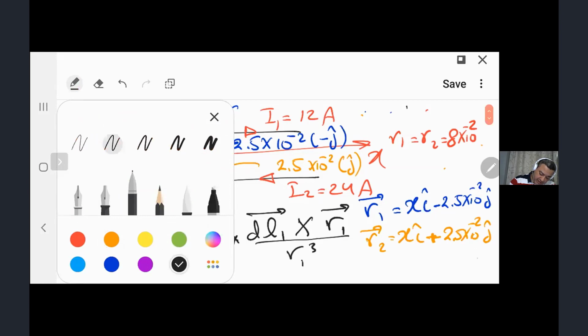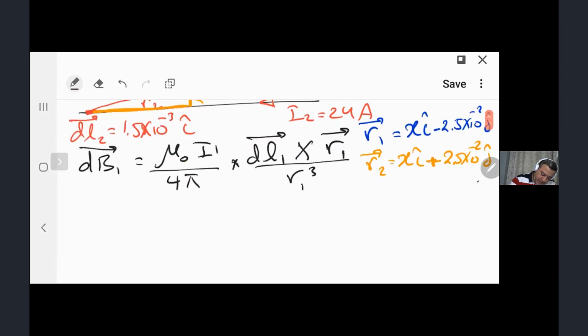Then dB1 would be 4 pi times 10 to the power minus 7. What is I1?